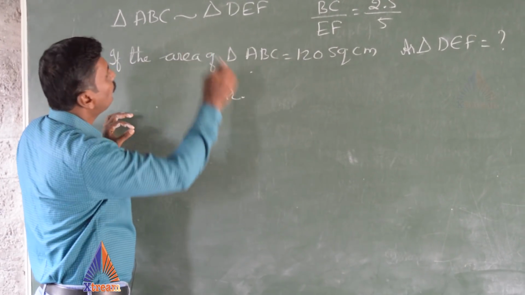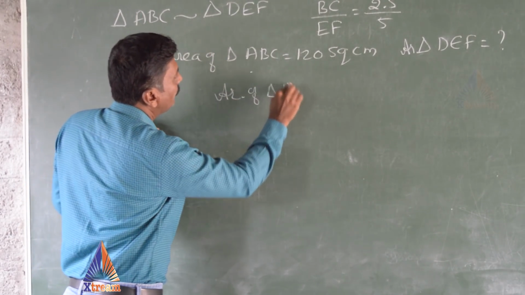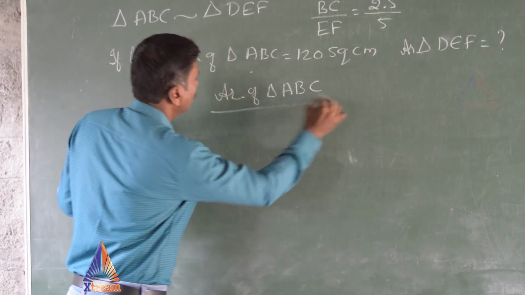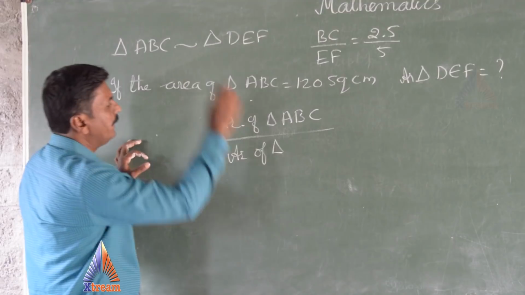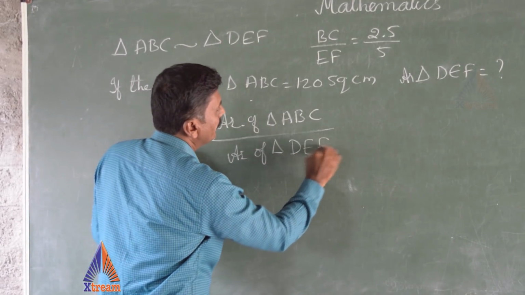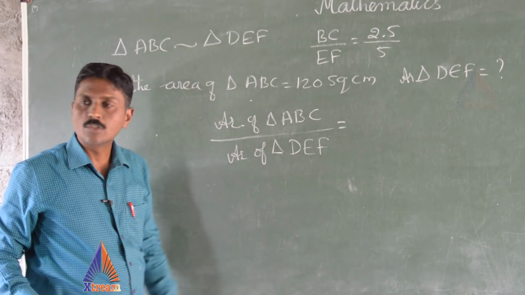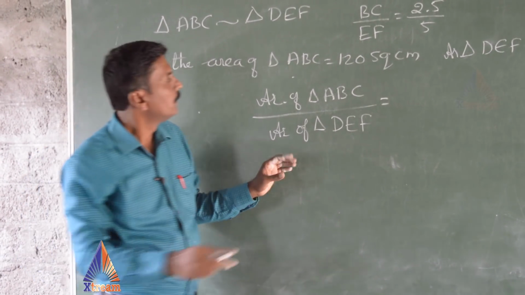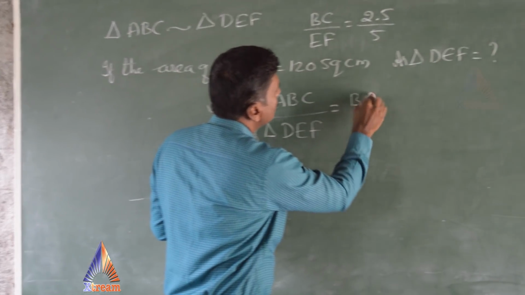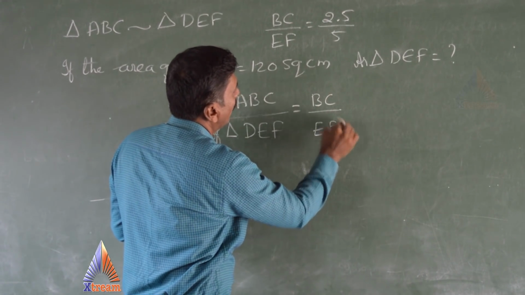Okay, area of triangle ABC by area of triangle DEF is equal to square of their corresponding sides. Okay, what are the corresponding sides here? BC and EF.